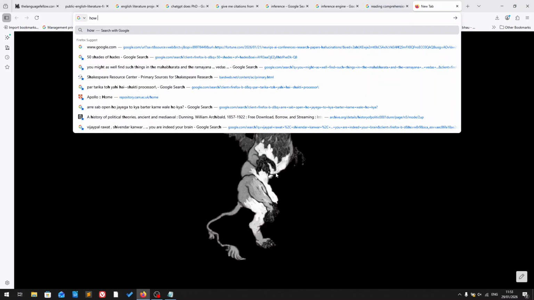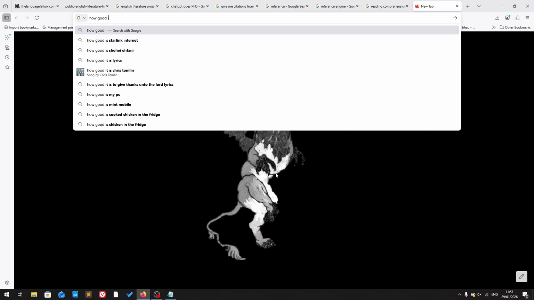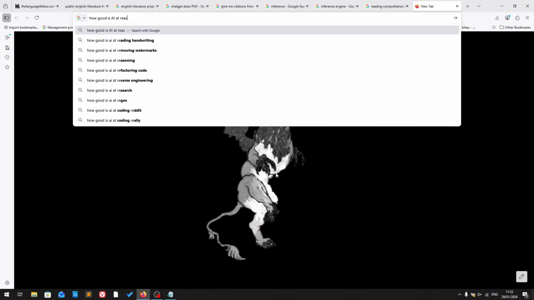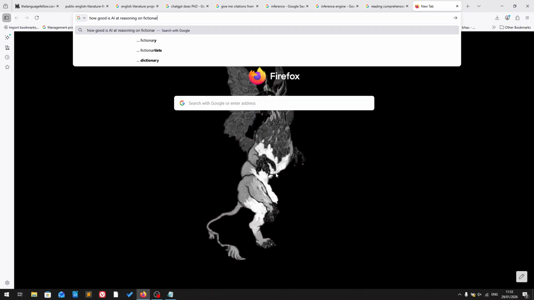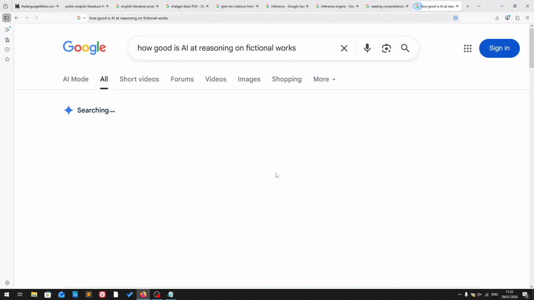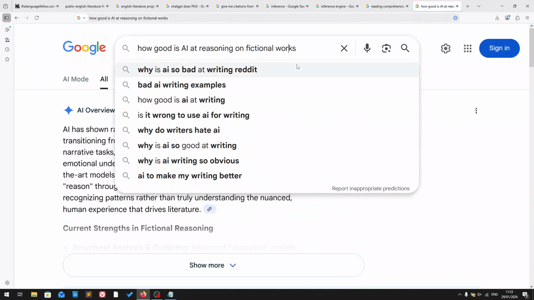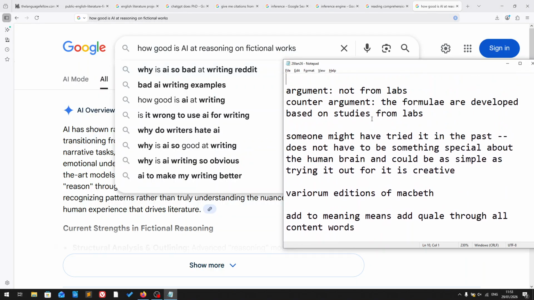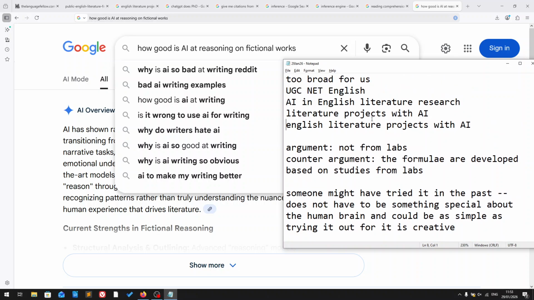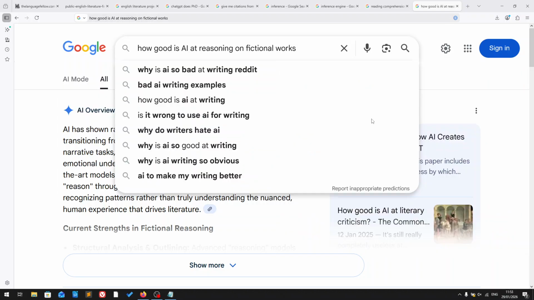So for example, how good is AI at reasoning on fictional words? That's a project. That's a project for English literature, right? English literature projects with AI.